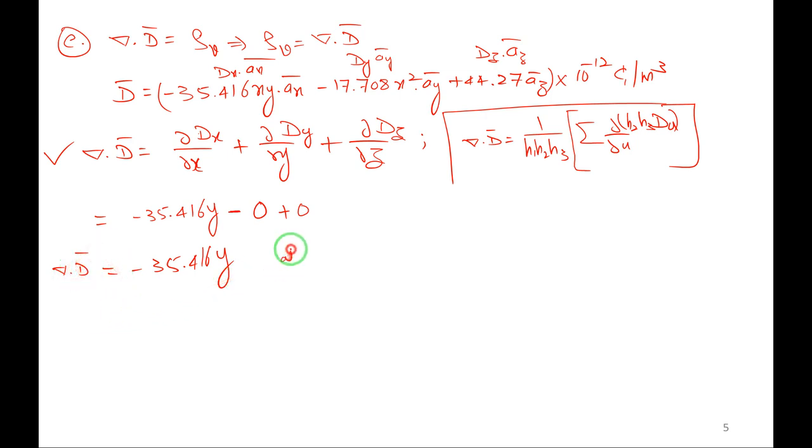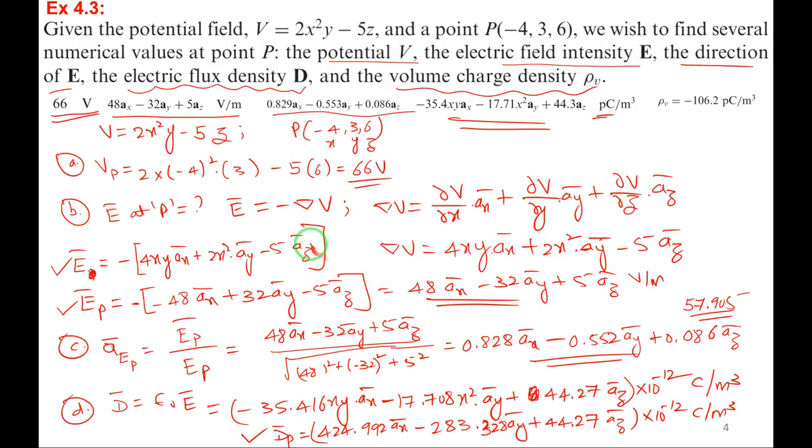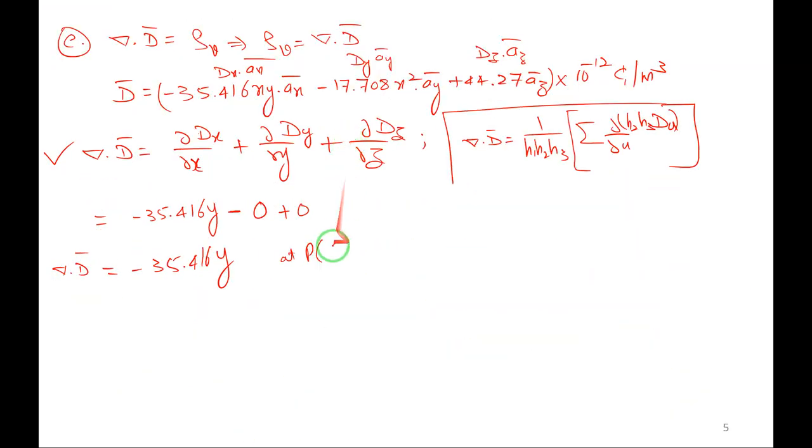So what is point P? P is minus 436, substitute the value of x, y, z, so substitute the value of y here. So rho v is equal to del dot of D vector, that is equal to minus 35.416 into y. What is y?